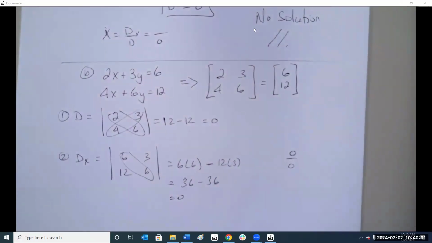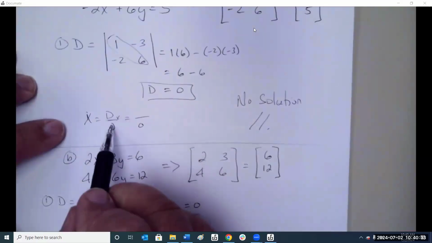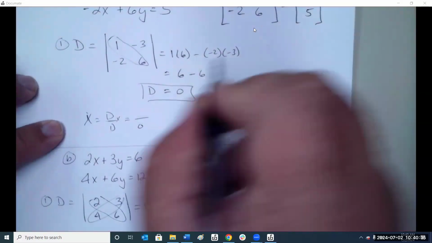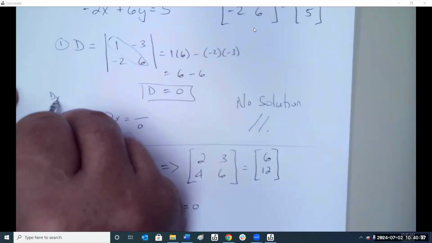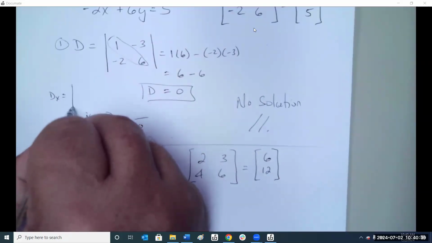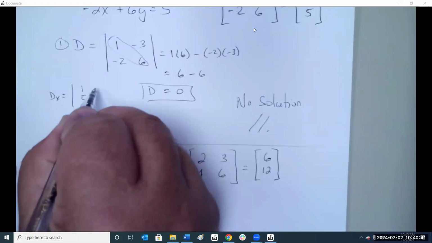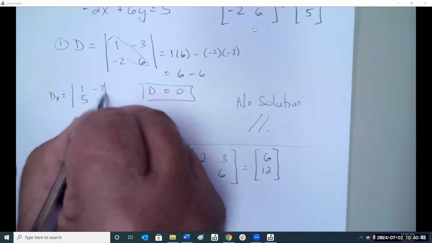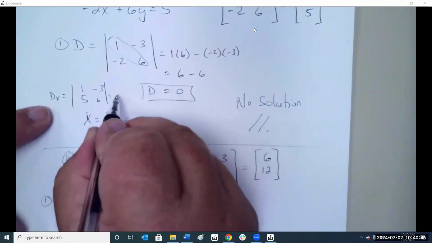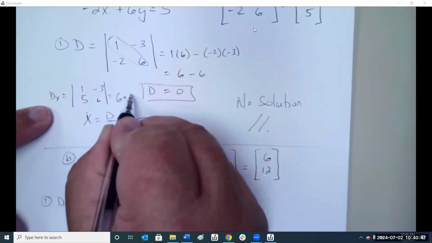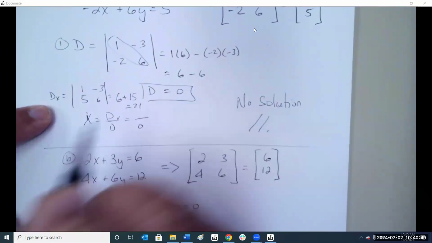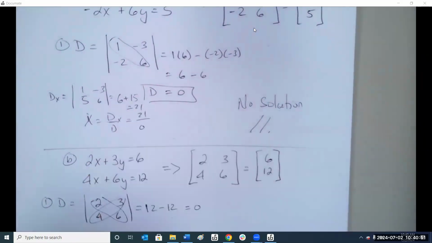Because everything cancels, it's always going to, but in this one, dx would have been 1, 5, negative 3, 6. So it's 6 plus 15 is 21. So we would have had 21 over 0.